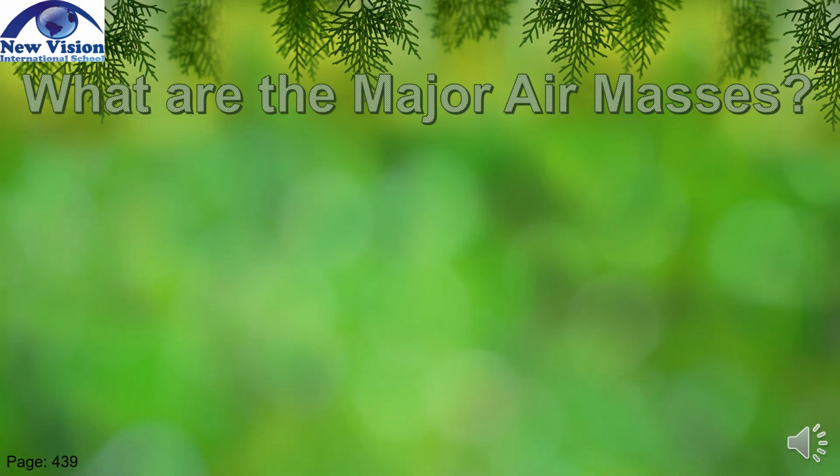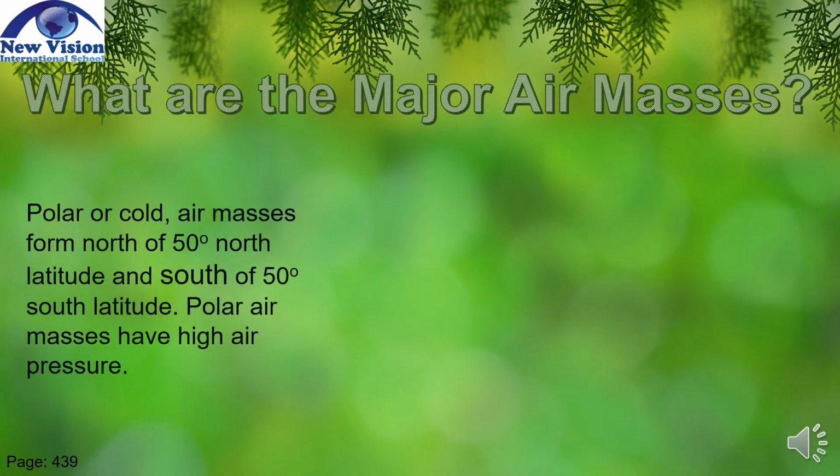Next major air masses is what we call polar or cold. Air masses form north of 50 degrees north latitude and south of 50 degrees south latitude. Polar air masses have high air pressure.